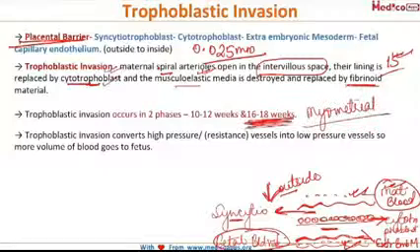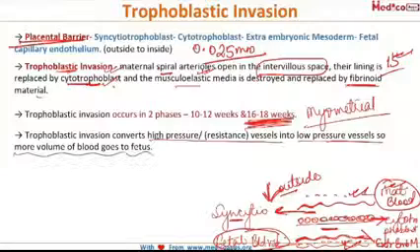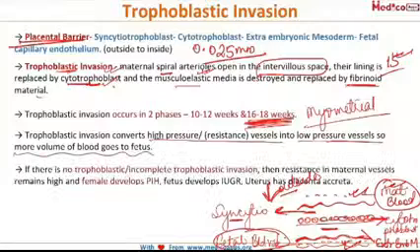So, in this trophoblastic invasion, as we have discussed, their lining is replaced by the cytotrophoblast and the fibrinoid material. So, the arterioles become distended and they are converted from high pressure vessels into low pressure vessels, so that more volume of blood goes to the fetus. Now, if this trophoblastic invasion is absent or incomplete, then the resistance in the maternal vessels will remain high, and the blood supply to the fetus will remain low.